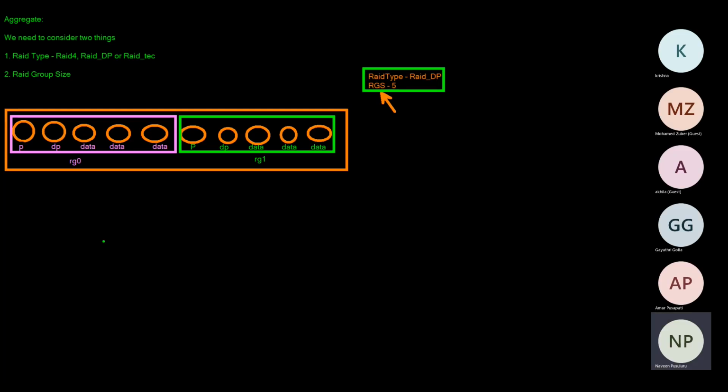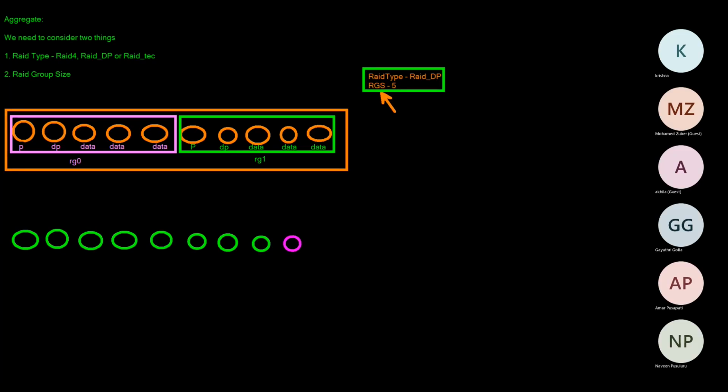Let me take the same 10 disk example only. This time let's assume that my write type is again write DP, because that is the most used write type in NetApp, and write group size is 10 this time.